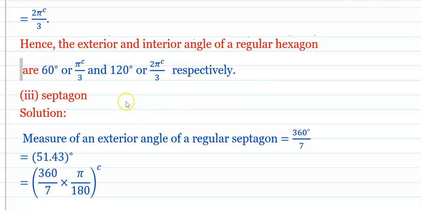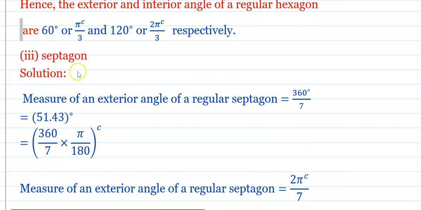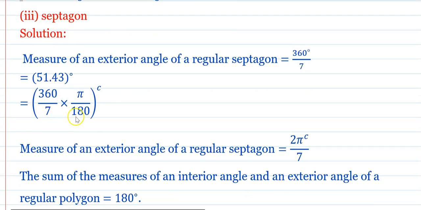Now the next question. Septagon, the polygon having 7 sides. The measure of an exterior angle of a regular septagon is equal to 360 upon 7. This will now come as a fraction. That is equal to 51.43 degrees. Now we'll convert this to radian.